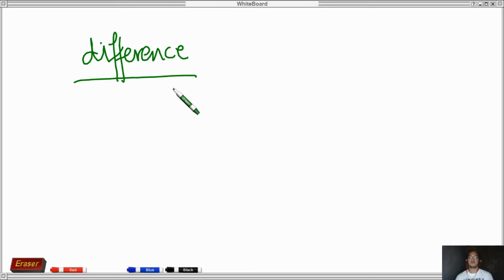So the difference means you are only getting the elements that remain after subtracting. Meaning something is taken away, and then what is left? That's what we call the difference. Again, you are getting the difference of sets, meaning there are sets that you take away from, and then you see which elements are left.